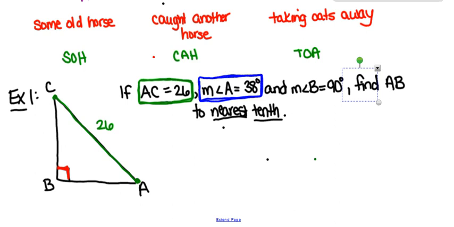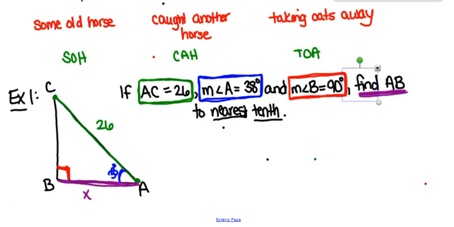So I'm going to go to the picture and I'm going to find angle A. There's angle A. That's 38 degrees. Measure of angle B is 90. That's already marked by the right angle. They want us to find side AB. So sometimes it's helpful, I might even call side AB X. So side AB is this fella right down here. He's X.